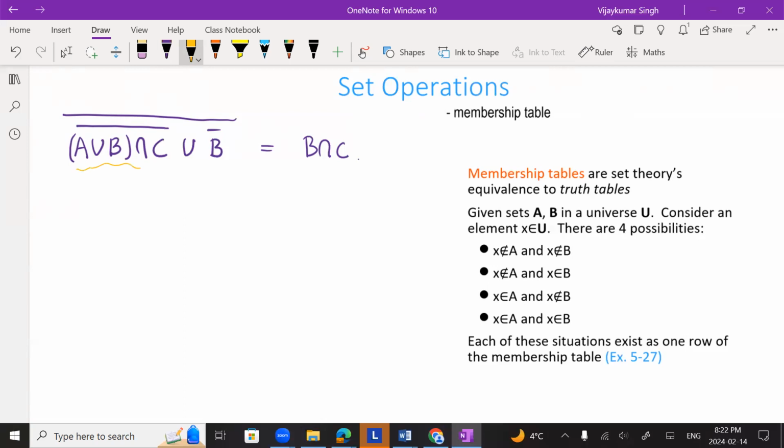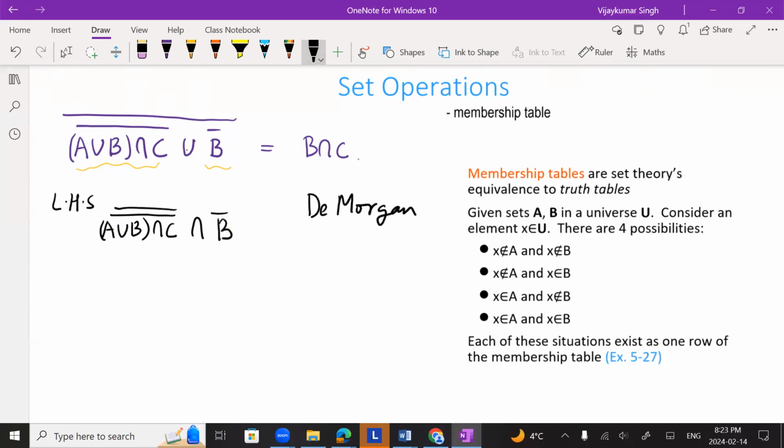Now, can you think about this as one unit and this is another unit, right? And you're taking union of those and you're taking complement. So De Morgan's law kicks in. Again, De Morgan was the name of a mathematician, by the way. So it's going to be what? A union B intersection C bar, and the union becomes what?